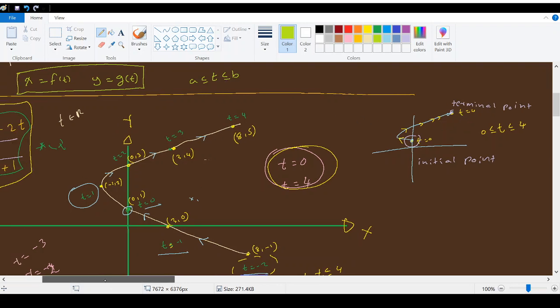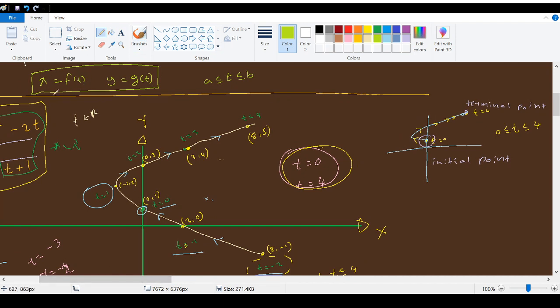So accordingly, the initial point will be the value of x and y when t is equal to a. The value of x at the starting point will be f(a), and the value of y will be g(a). At the terminal point, t is equal to b, so x will be f(b) and y will be g(b), right?